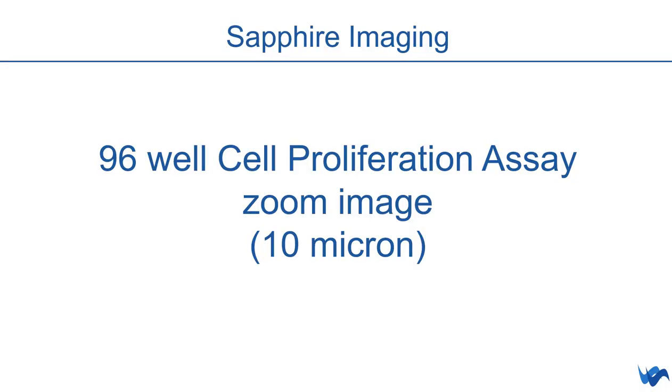Next example, this is a 96 well cell proliferation assay. In this case, I will show you a zoom image out of this 96 well plate, and we scanned it here with 10 microns. So look at this. While I'm showing you this, I want to show you that the resolution is so high that we really can see the single cells or the very tiny cell colonies.